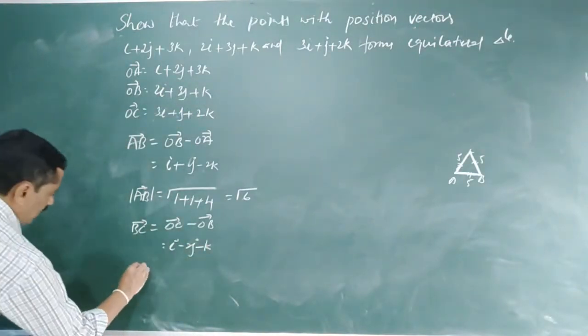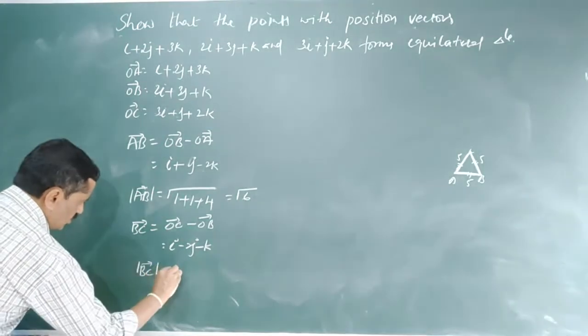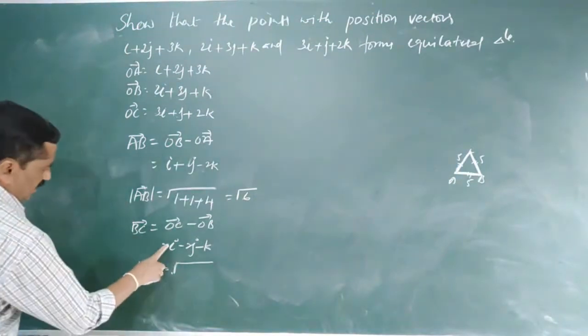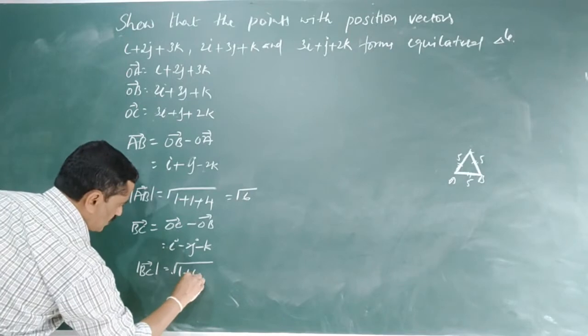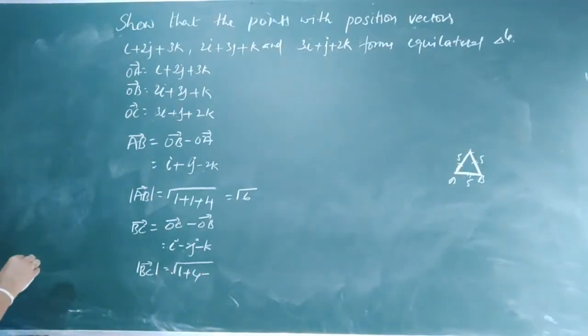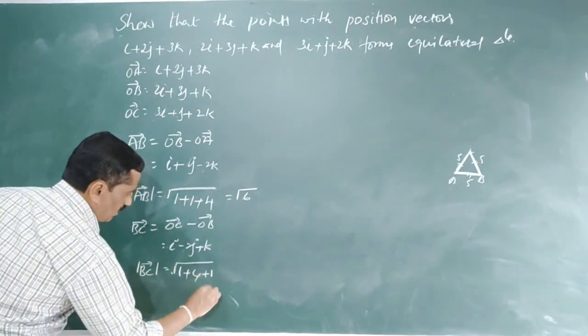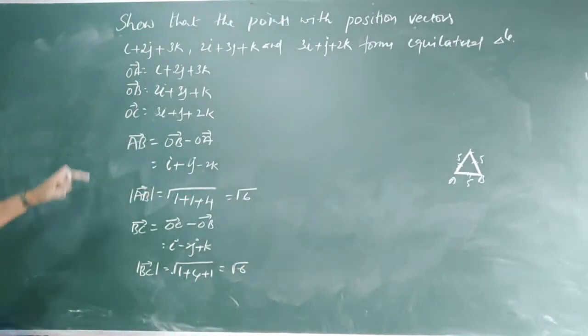Similarly find the magnitude of BC bar. The magnitude of BC bar is equal to the square root of, we know how to find the magnitude of any vector, 1 square plus minus 2 whole square, plus 4, plus 1 whole square, that is equal to root 6.